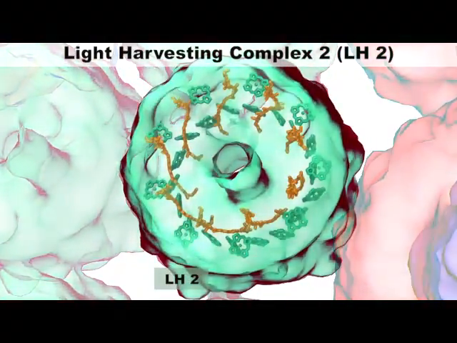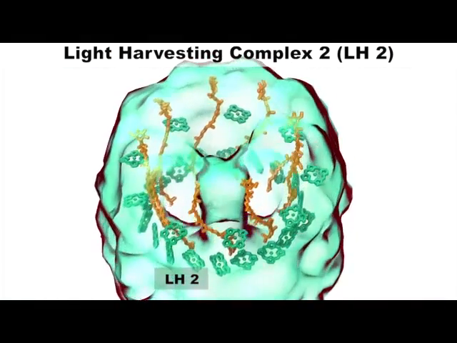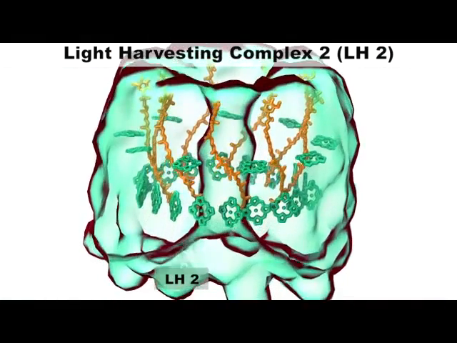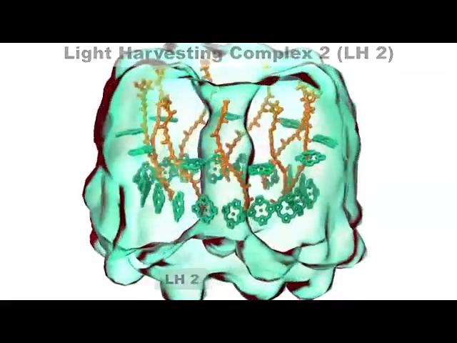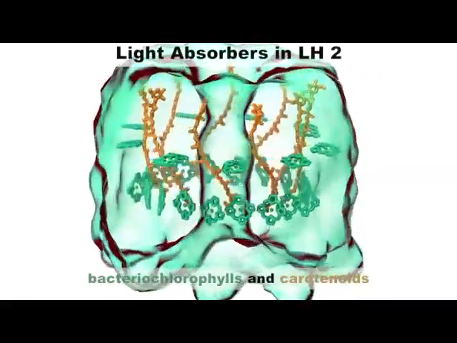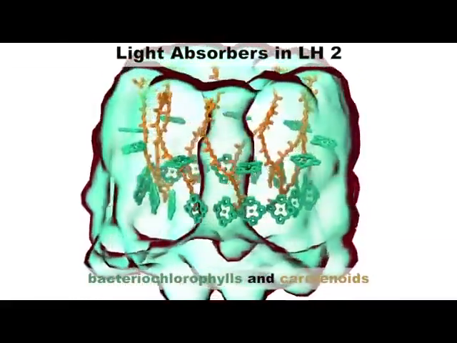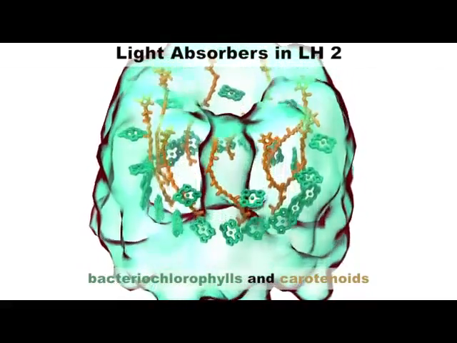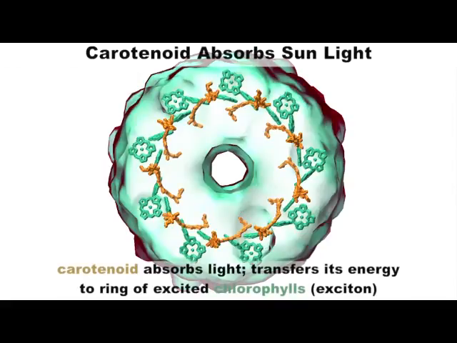It is called light harvesting complex 2, or LH2, and you see it contains many chlorophylls, 27, and 9 carotenoids. And they are the main light absorbers, but as you will see, as a first surprise, they are just not acting individually, these chromophores. Here we see a carotenoid absorbs sunlight, it gives its excitation to chlorophylls.